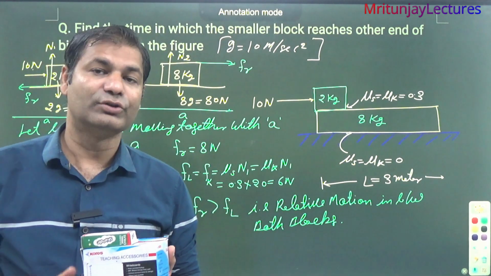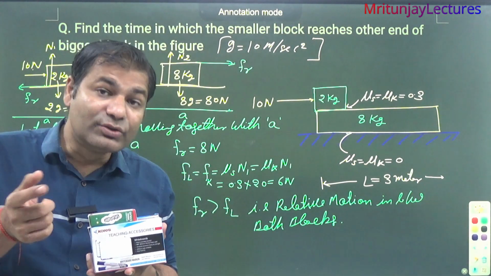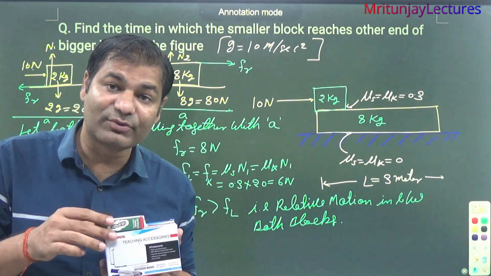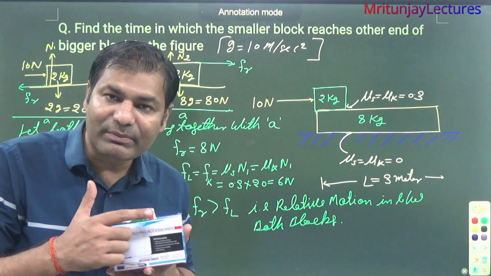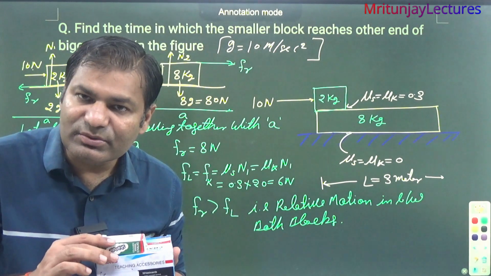Why? Because the requirement of frictional force is 8, but the maximum frictional force provided is 6. So relative motion is possible.